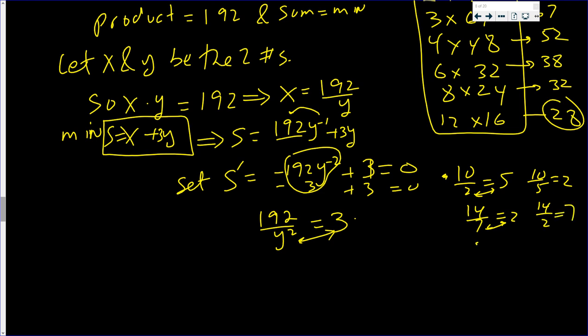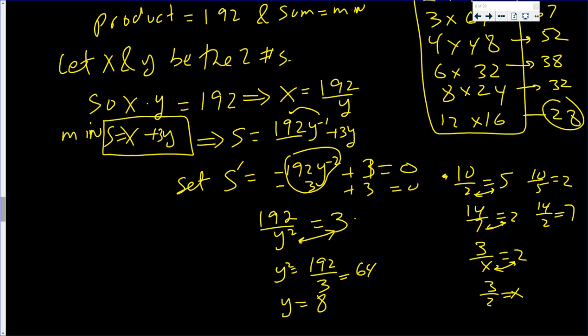If you ever see 3 over x equals 2 and have to solve for x, please don't take more than 3 seconds. Just interchange the 2 and the x. So y squared is 192 divided by 3, which is 64. Beautiful. So y is 8.